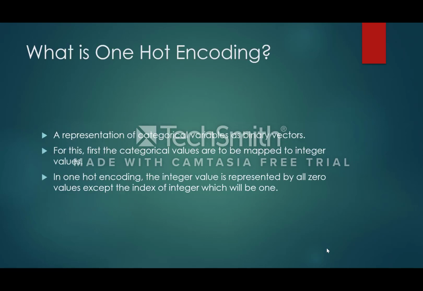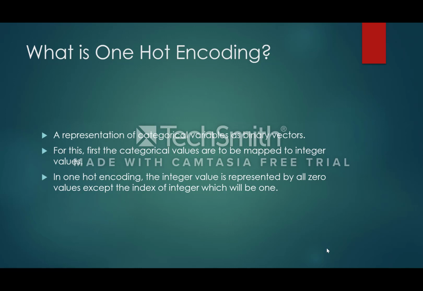So what is one-hot encoding? It's a representation of categorical variables as binary vectors. So how do we convert a categorical variable to a binary vector? First, we map these categorical variables to integer values.